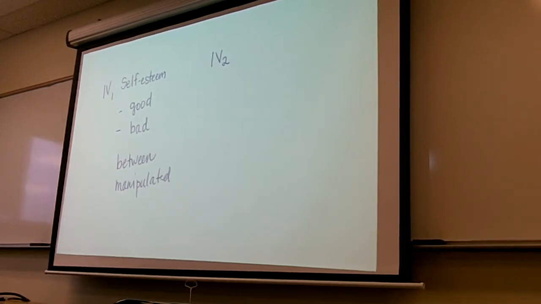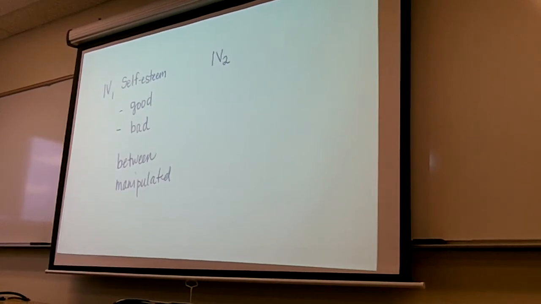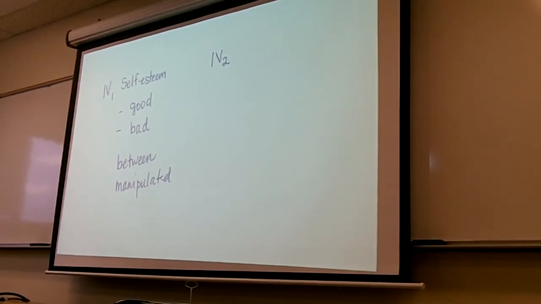The researchers could randomly decide whether somebody was going to be told they did well or whether they did poorly. This is not the person's real, regular, everyday self-esteem. This is their manipulated self-esteem as a result of what the researchers told them. So this is a manipulated version. Okay, cool. So now we've done up to the factorial notation in design. Let's get the other variable first, and then we'll finish that part.